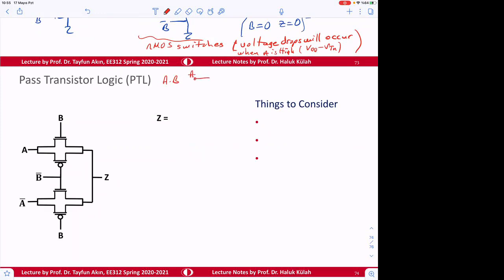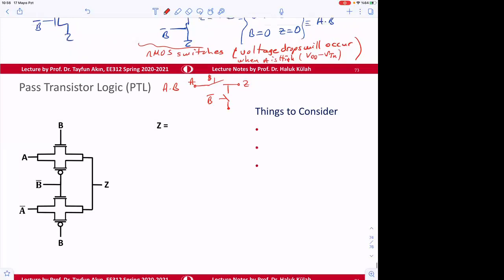maybe A here and then B as a switch control signal. And this is Z. And this one is going to be again an NMOS. And then here, B bar. Okay, but instead of connecting this here to ground, because you don't want to consume your signal with ground, then you can connect this.